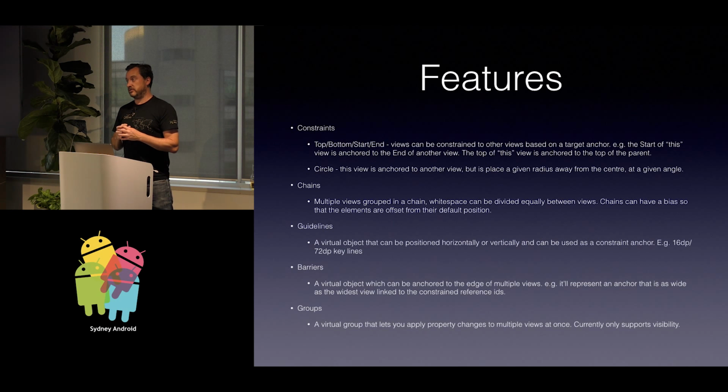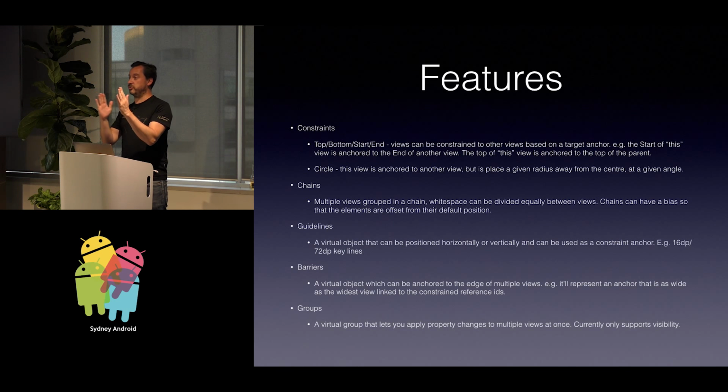Guidelines is another thing that's really handy. A guideline, if you've come from a graphic design background, is like a virtual view. It doesn't really exist in your layout when it's rendered on the screen. It doesn't have a visual component to it, but it's useful to have. You might have one at 16 dp or 72 dp, one of the key lines of a material design layout, and you can then constrain your views to match up to that key line perfectly.